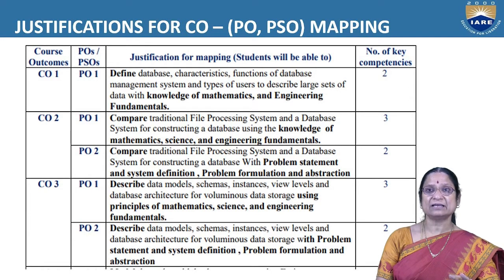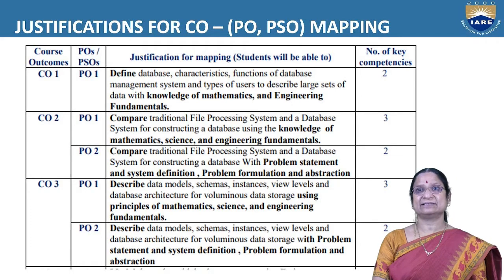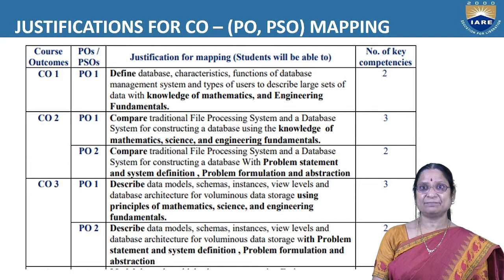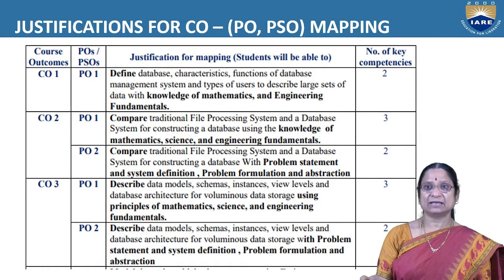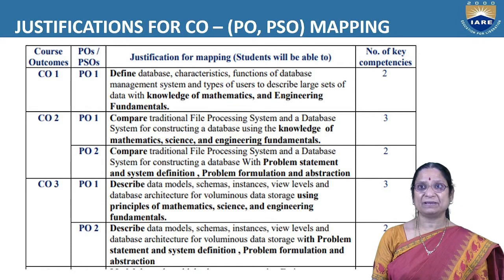We will do this by the knowledge of mathematics, science, and engineering fundamentals, as well as to compare them, as well as to create, and we need to analyze them first. So that's why the problem statement and definition, we will consider these 2 terms are mapping.